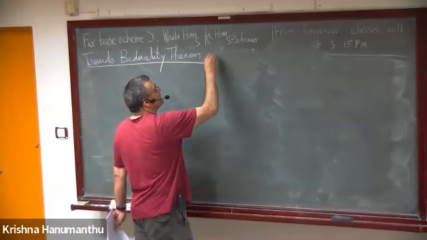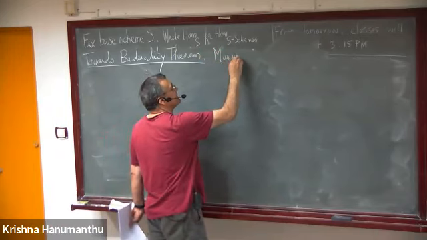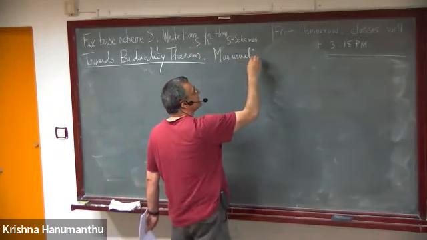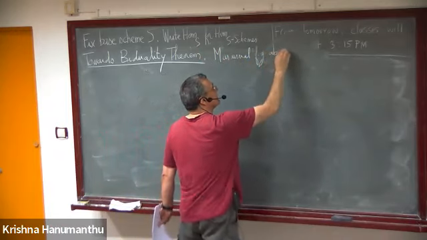Okay, so as usual, M will always denote a finitely generated abelian group.